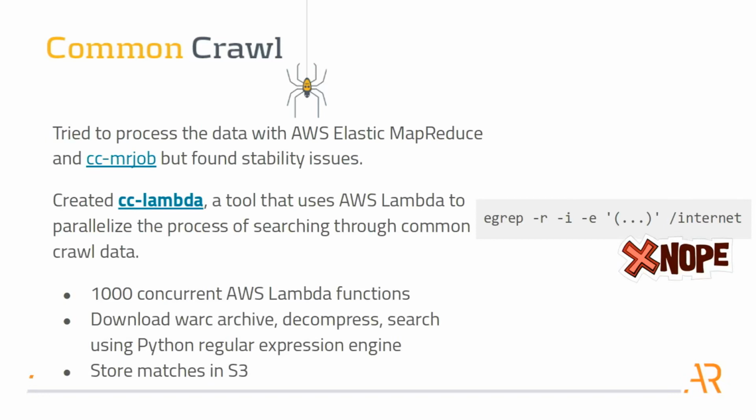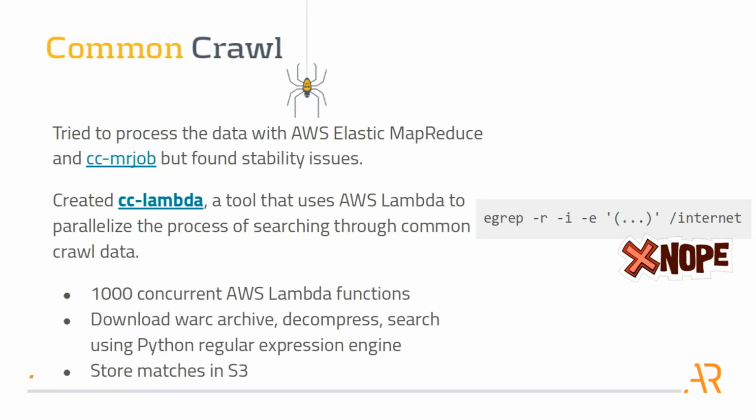I created something called CC Lambda, Common Crawl Lambda, that uses AWS Lambda to apply regular expressions to the Common Crawl. CC Lambda implements that grep that we are seeing there.